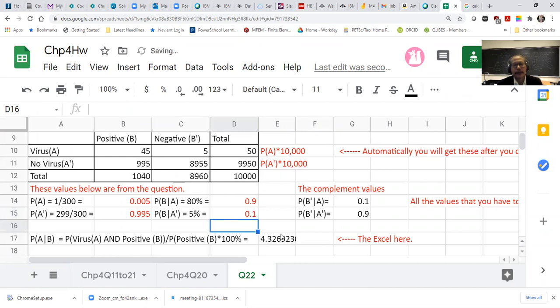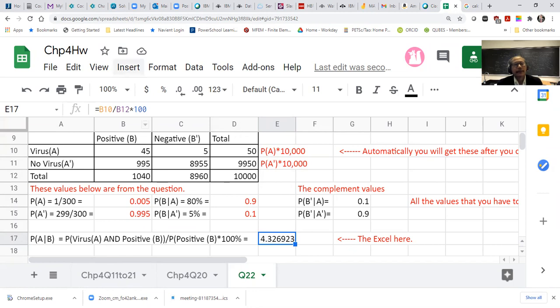So the probability of the one that got the virus and is positive will be B10 divided by B12 and then multiply by 100.